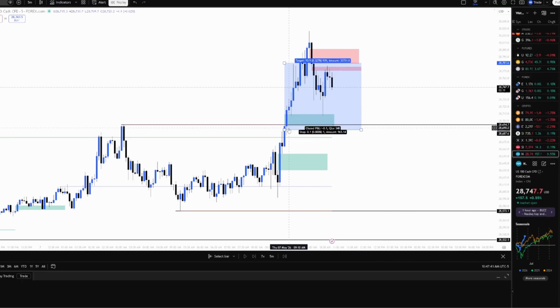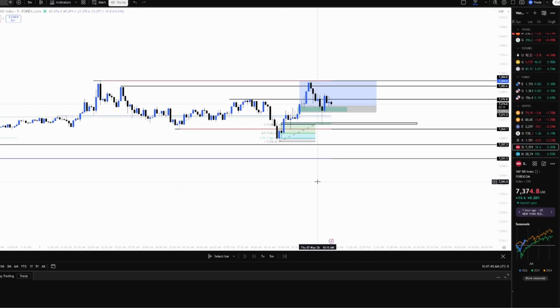I thought we were going to come up here, take out this high, start sweeping it, and I thought we were going to sell on ES. But then NASDAQ wanted to go higher, and then I'm like, all right, I'll take my long on ES. I have my TP here. If we sweep this out, then we can get an SMT and go short. And technically we still did get that.